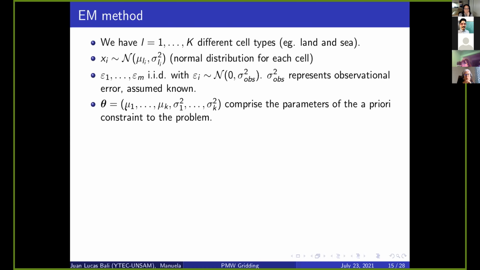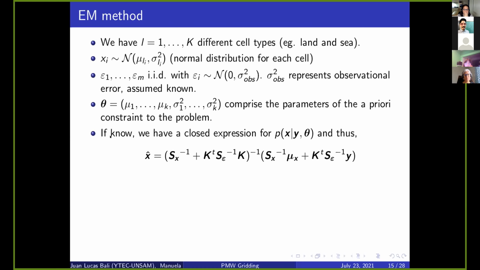So the parameters are all the different mu's for each kind of cell type. For example, 2 mu's if you have land and sea, and 2 sigmas if you have land and sea. And you can have a closed expression for the mode of this conditional distribution, that is, of the cell brightness temperature given the antenna brightness temperature and the parameters.